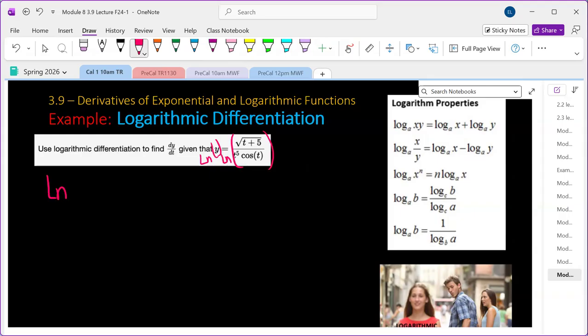So we have the natural log of y equals. So the natural log of a quotient, top minus bottom, so natural log of square root of t plus 5 minus the natural log of t to the 5th cosine t.